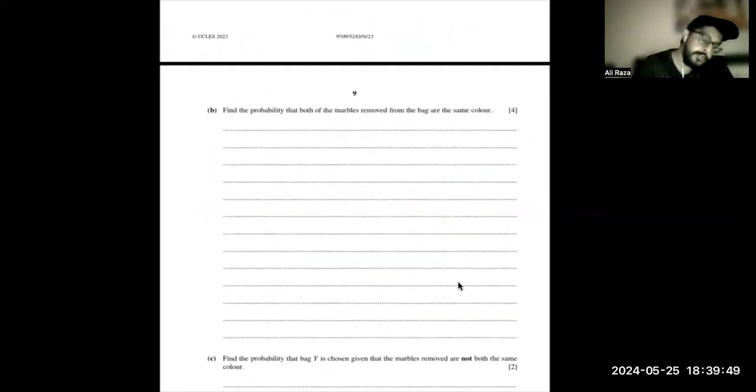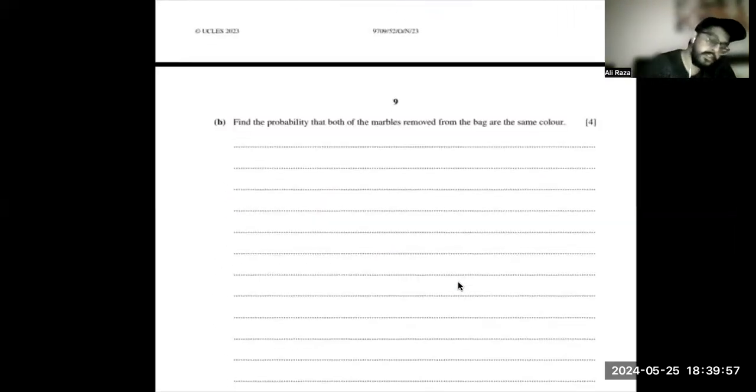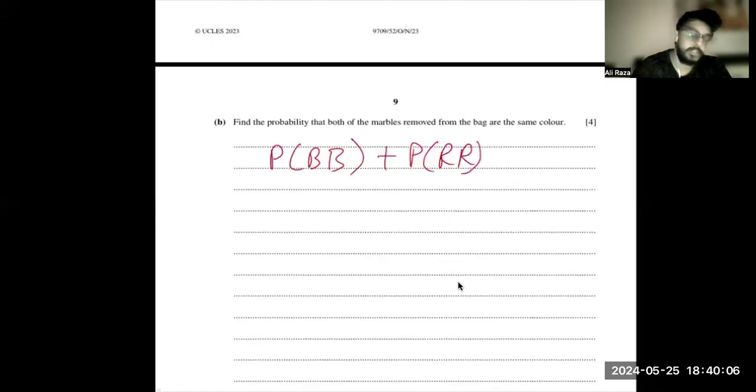In part B, we need to find the probability that both the marbles removed from the bag are the same color. So this means probability of both blues plus probability of both the reds.